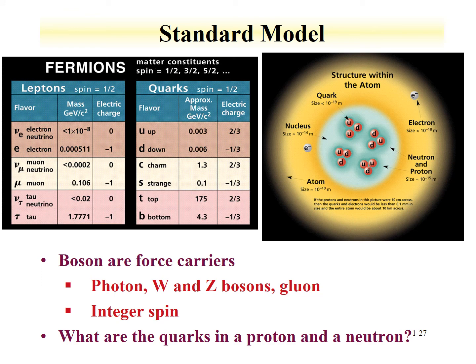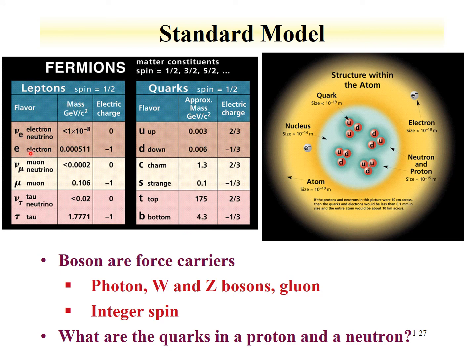The standard model is shown here, where you've got a nucleus, as we described, quarks, that 3 quarks make up a nucleon. So a proton, shown here, 2 up and a down quark, a neutron, 2 down and an up quark, an electron much further out. Information on the quarks are shown here.